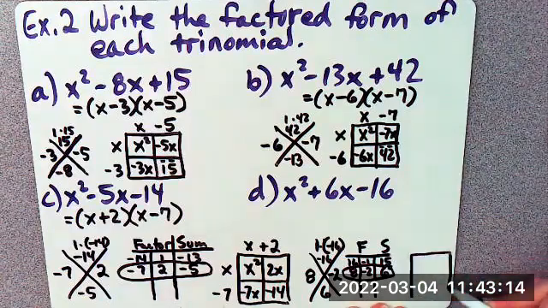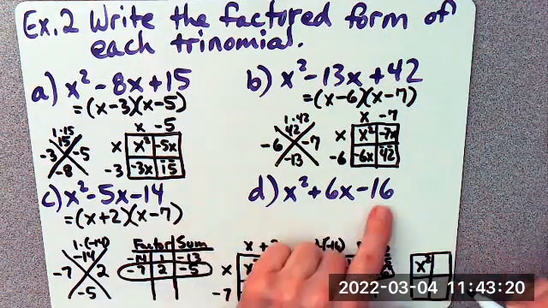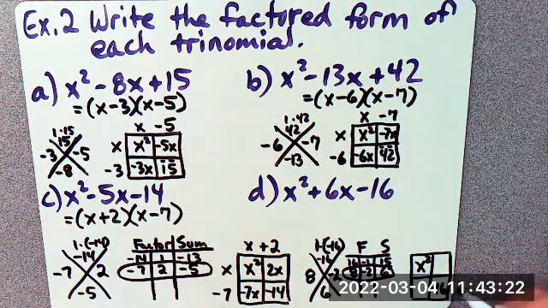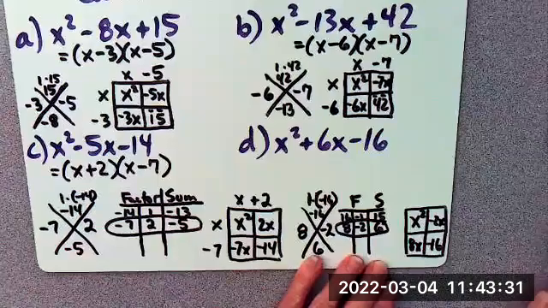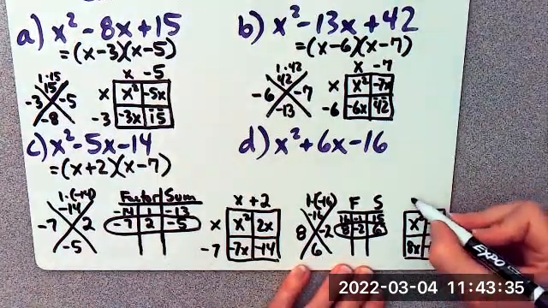So now we do a quick box. And we put the first term here, x squared, last term here, negative 16, 8x here, and negative 2x here. So our greatest common factor here is x.